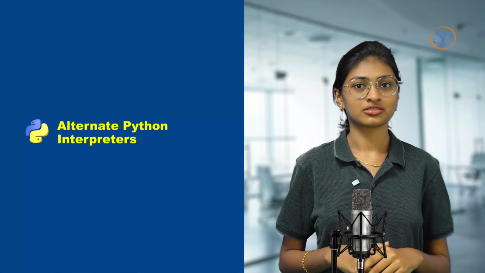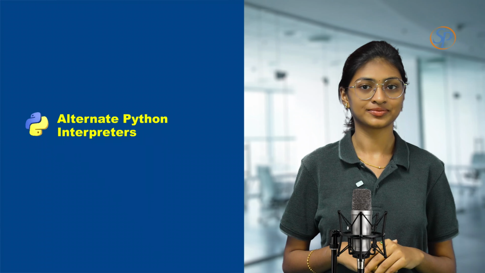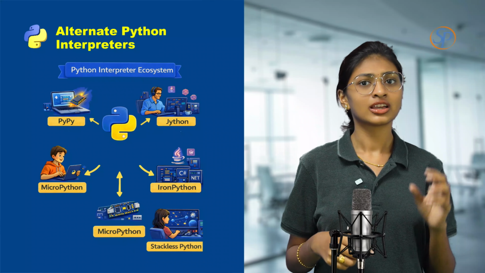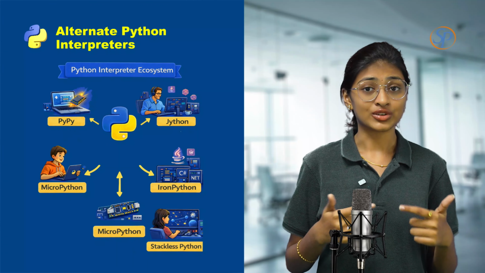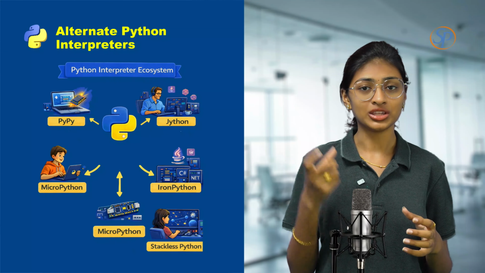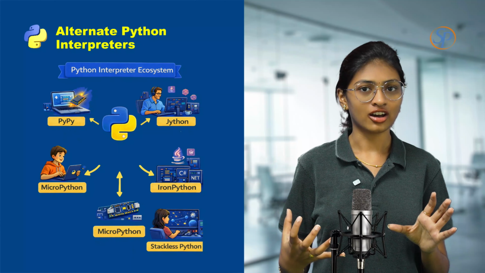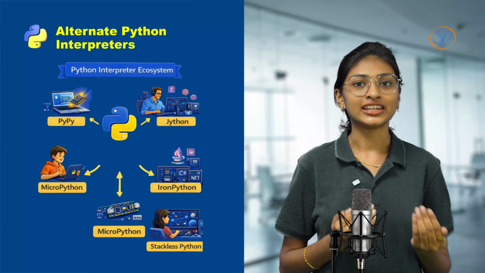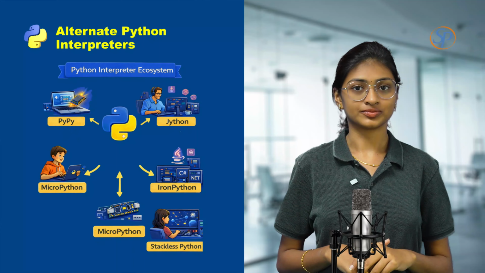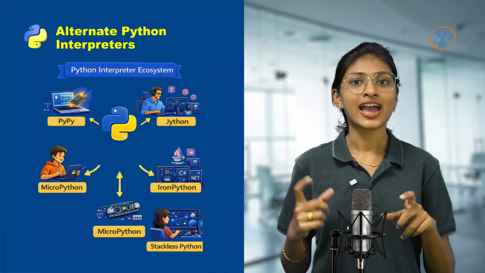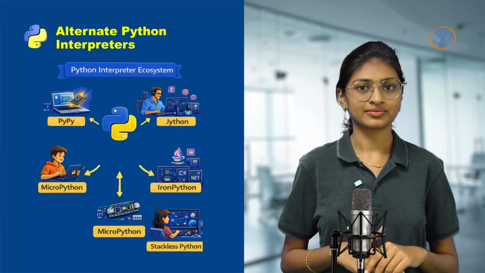Alternate Python interpreters. Python has several implementations. PyPy, a fast interpreter using JIT compilation that converts frequently used code into machine code. Jython runs on the Java virtual machine and integrates with the Java ecosystem. IronPython runs on .NET and interacts with C# and other .NET languages.